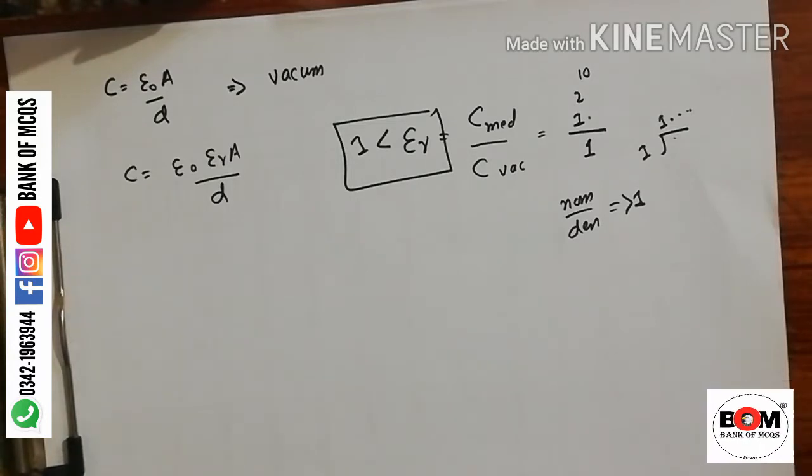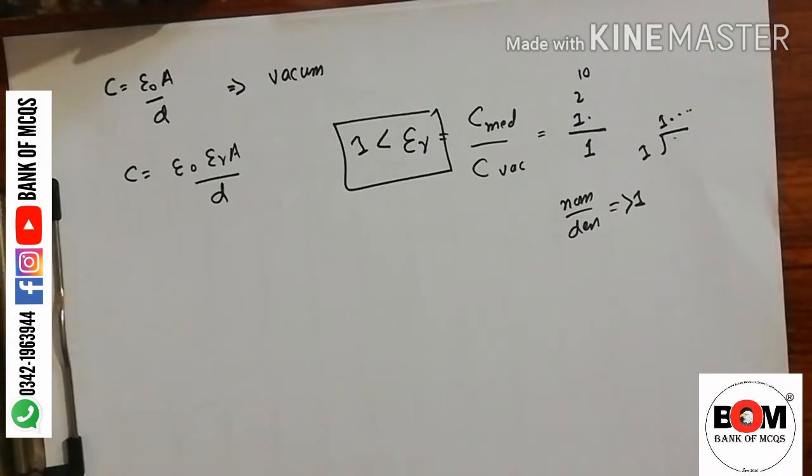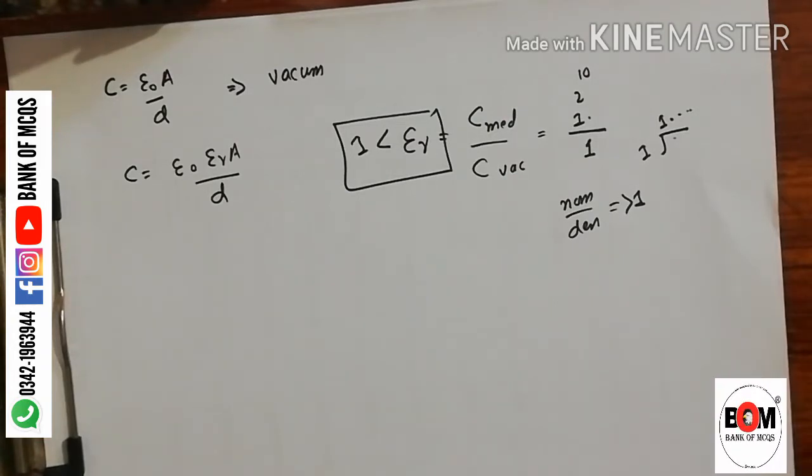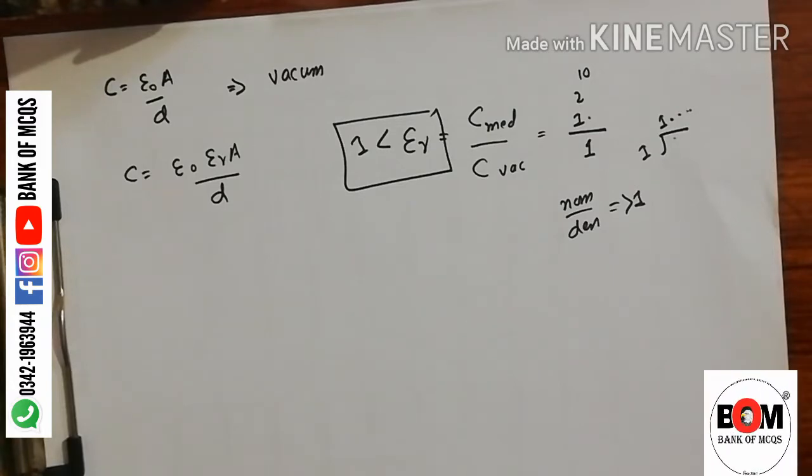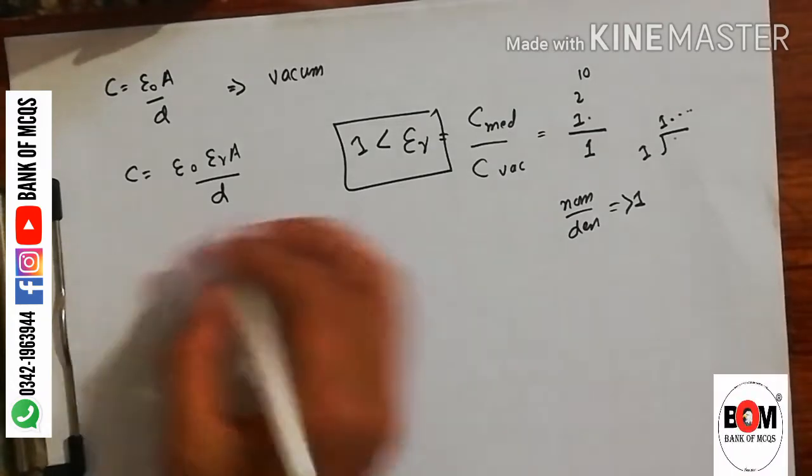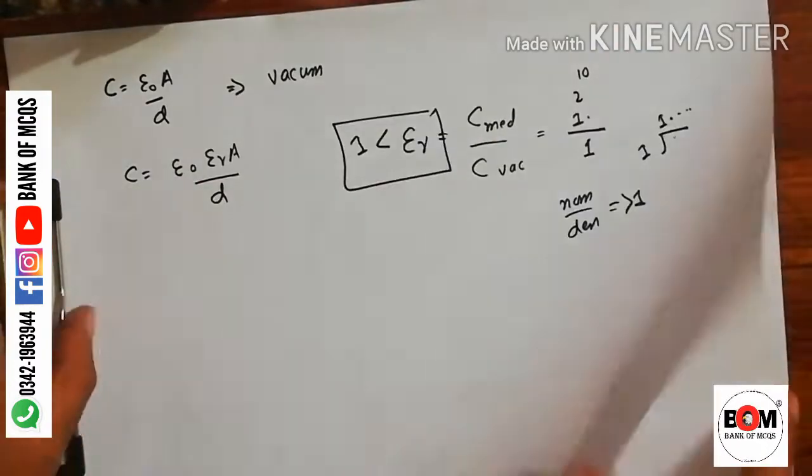Now for combinations of capacitors, there are two ways in which capacitors can be connected. We will also study the combinations of resistance in this case. It is not in the book, but we will discuss it because it is quite easy to compare all of these.